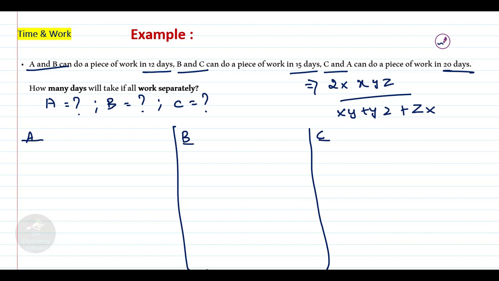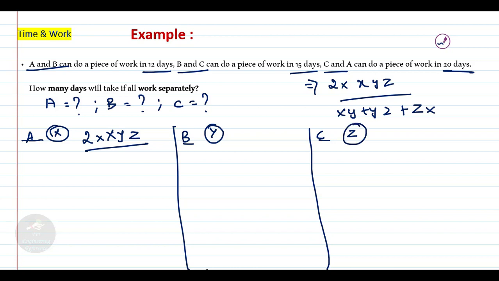You can write 2 into xyz, and we change the sign where x is coming at the second place for A, where y is coming at the second place for B, and where z is coming at the second place for C.